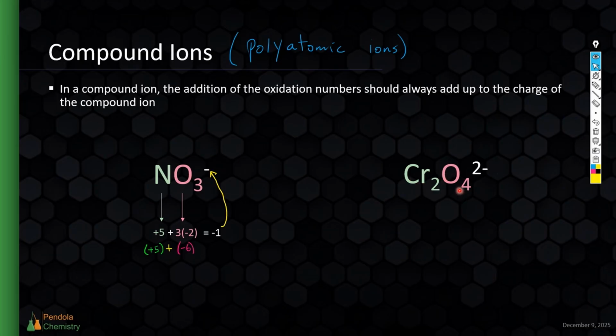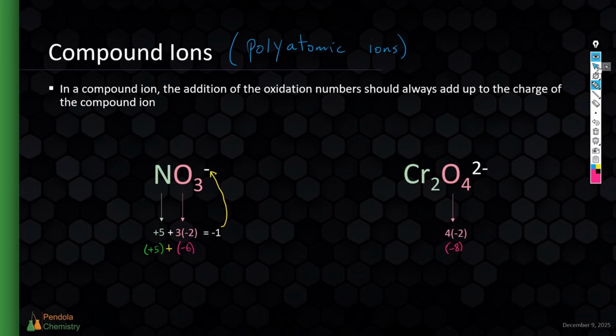We have Cr2O7. We know oxygen is not peroxide, and this is not OF2. So oxygen here has to be -2 in oxidation number. Because there are 7 oxygens, that's a total of -14.